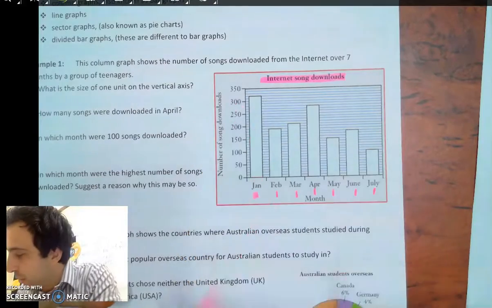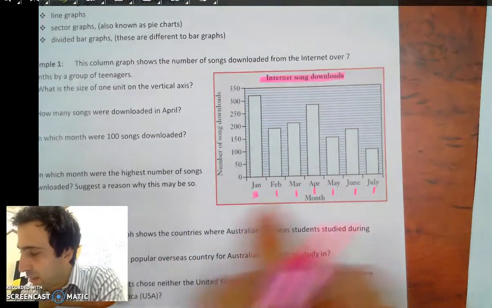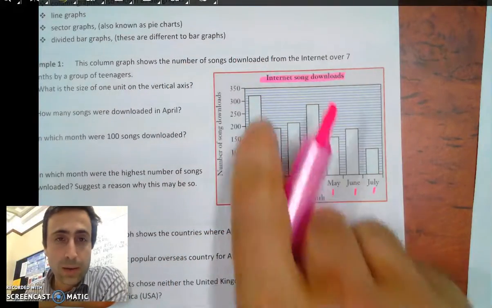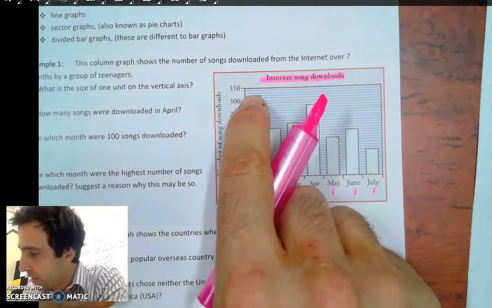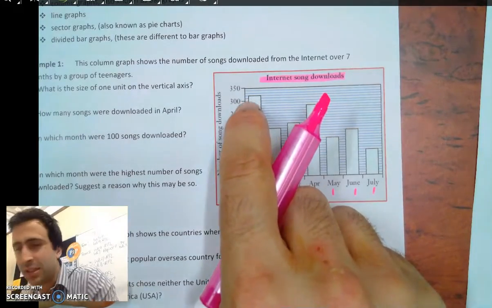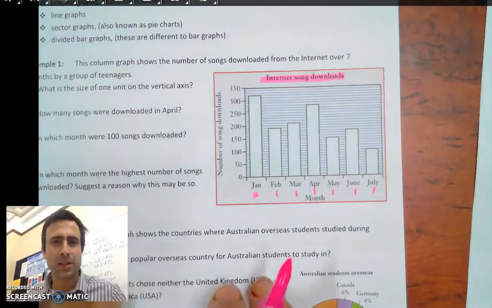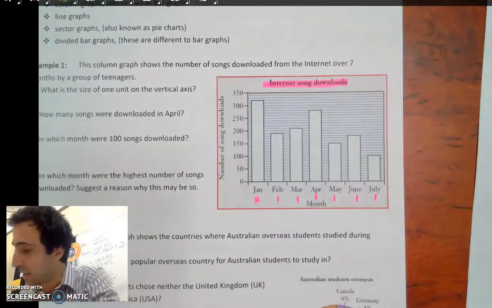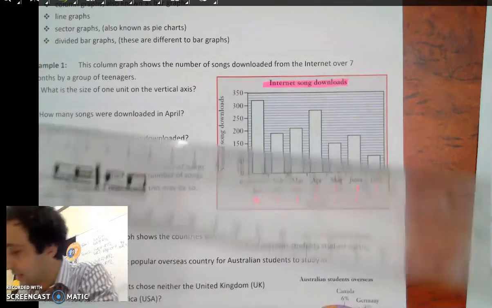Once we know these are the months of the year and these are the number of song downloads, we see that in January, straight away, there are 300, and it pays to be accurate. It actually pays to pay attention. I know this is a personal bugbear of mine. I often make silly mistakes, as you've probably noticed in videos.